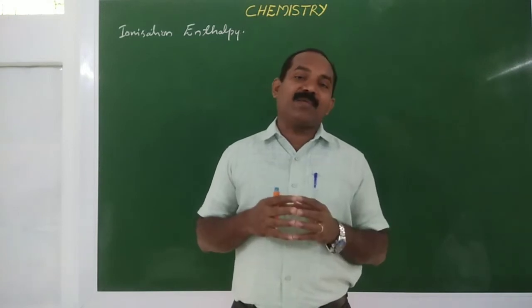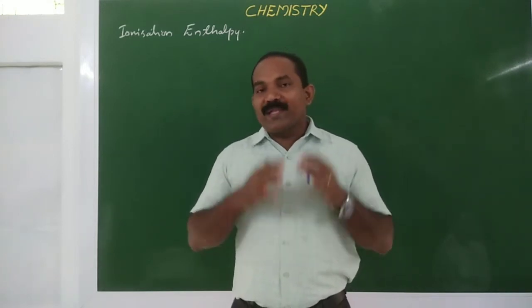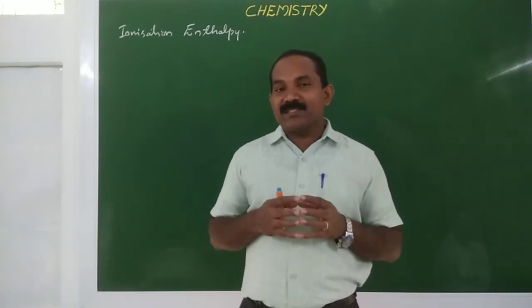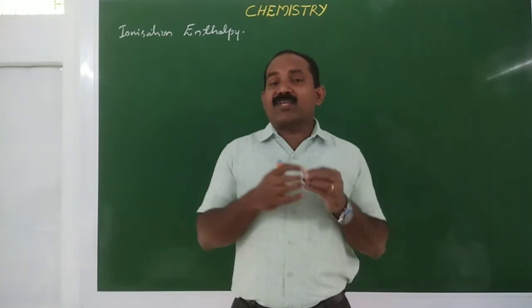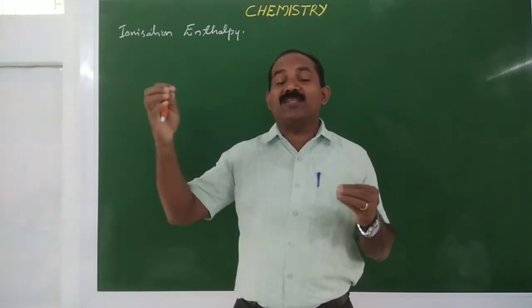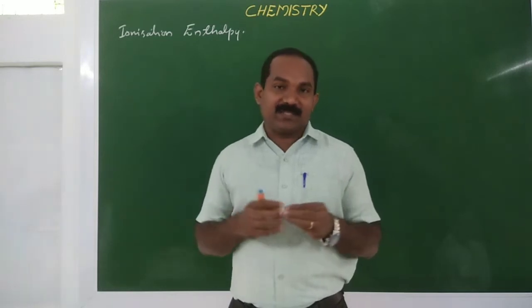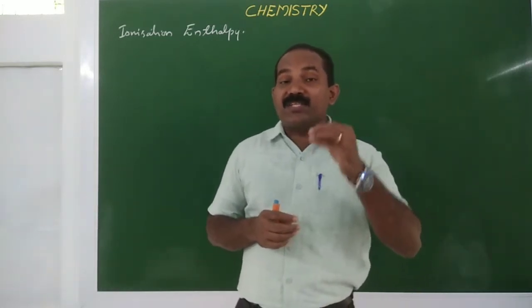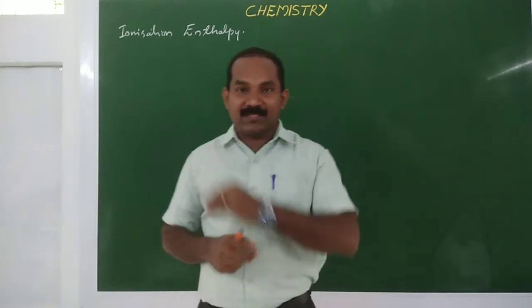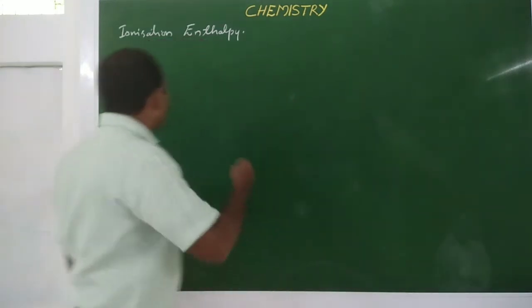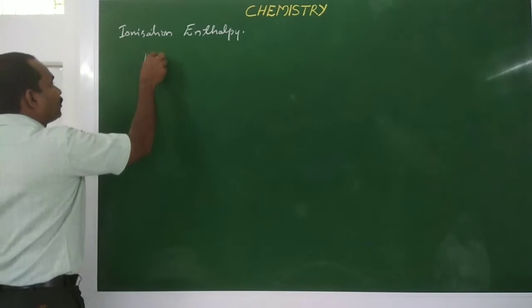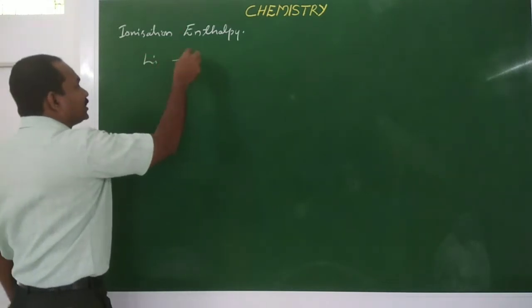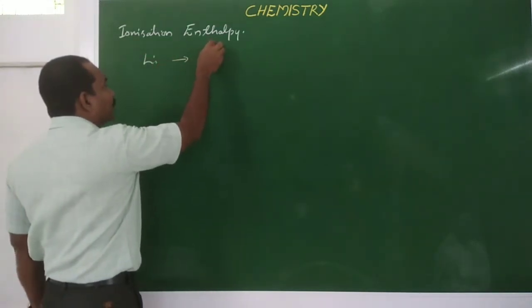First is atomic size. When size increases, the attraction between the nucleus and valence shell electron decreases, and consequently the ionization enthalpy decreases. For example, in the case of lithium, the ionization enthalpy is 520 kilojoule.